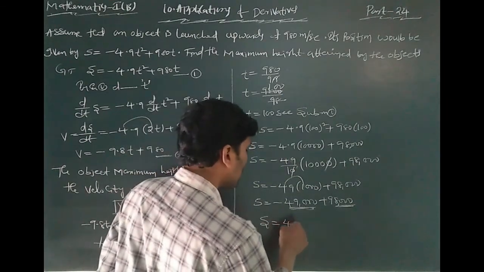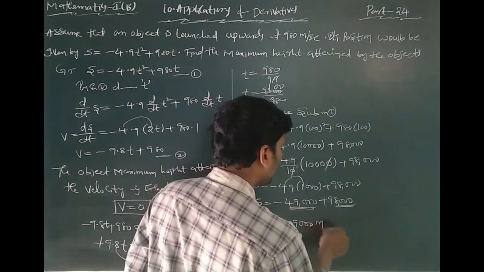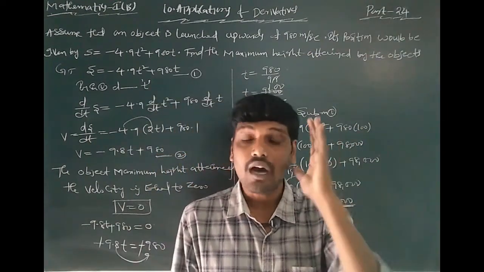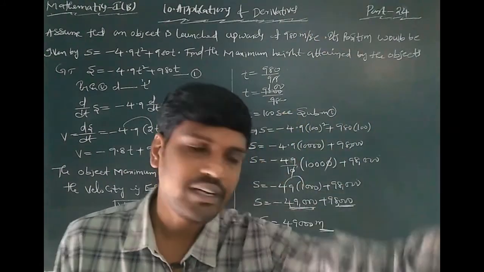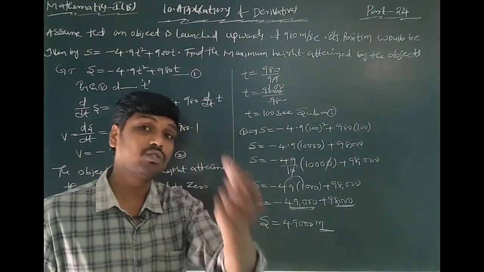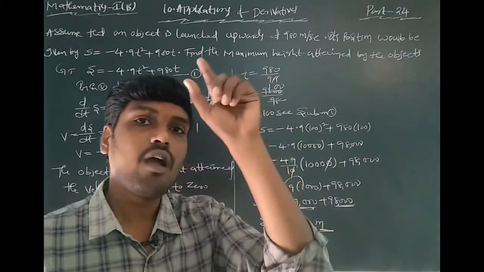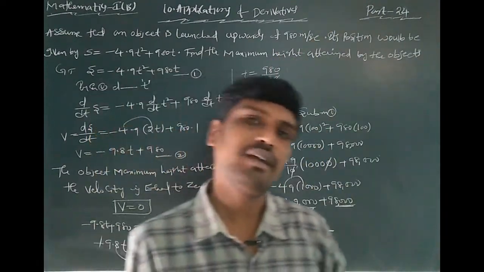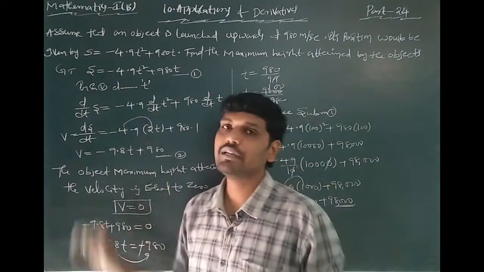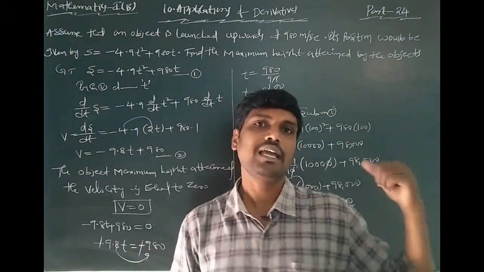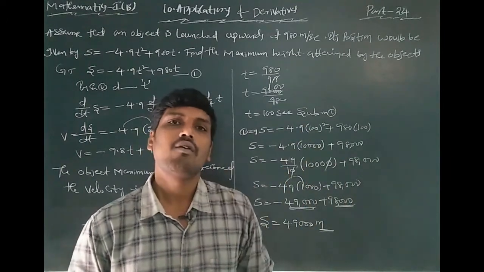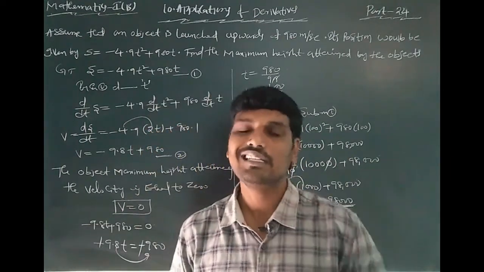That's why you can write 49,000 meters, the height of the object. The object traveled maximum height 49,000 meters. That time is 100 seconds, that time velocity is 0. In this model, a different model problem. Okay students, practice this problem perfectly, you will easily understand.